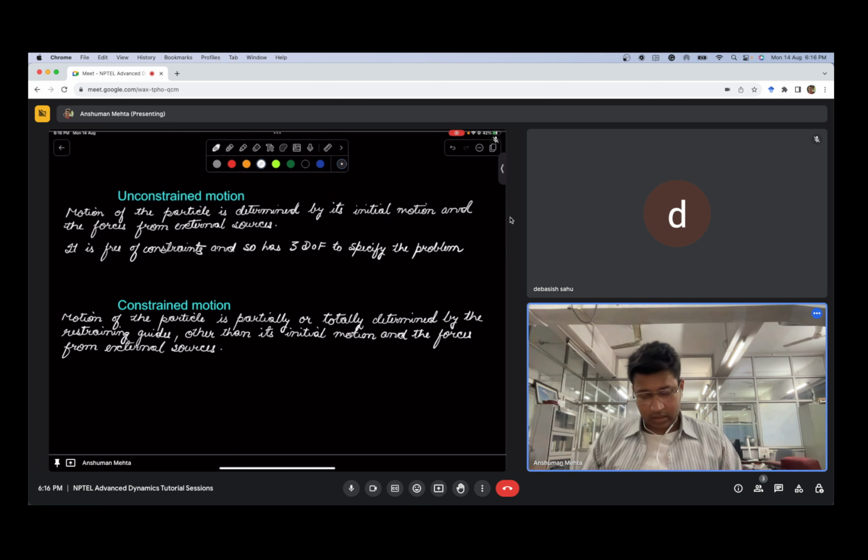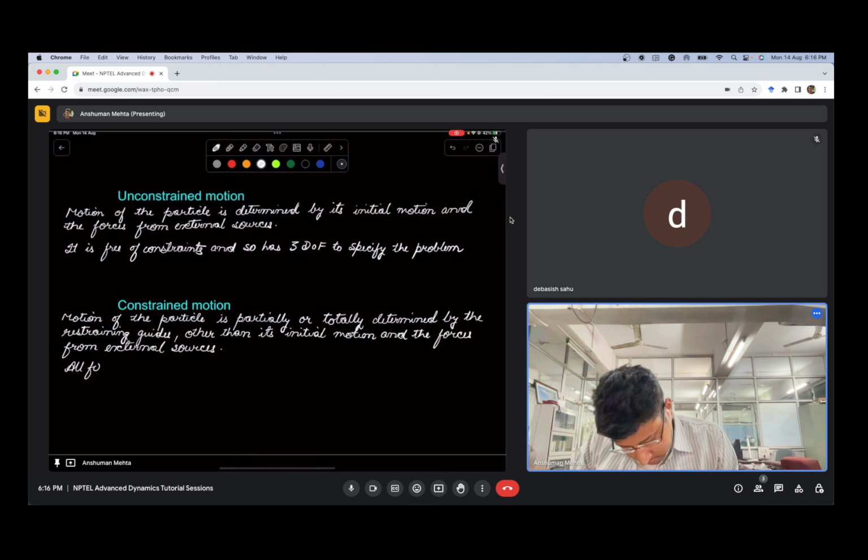But in the later case, what is happening? All forces, both applied as well as reactive.